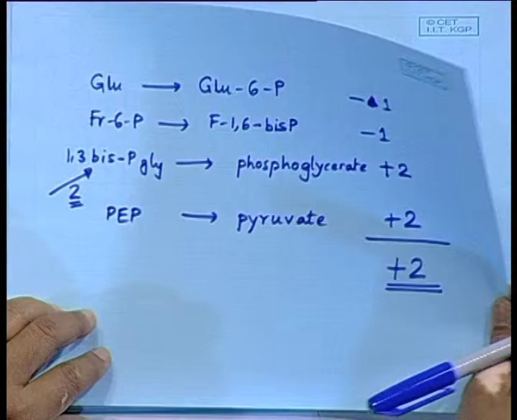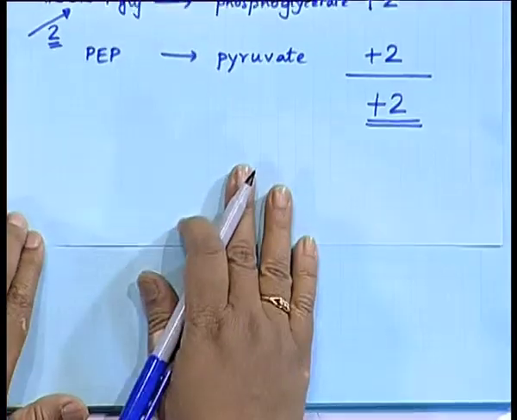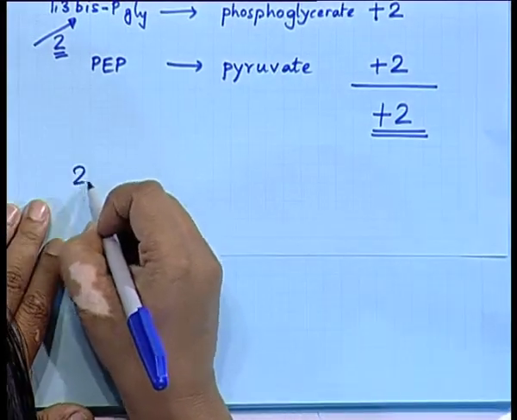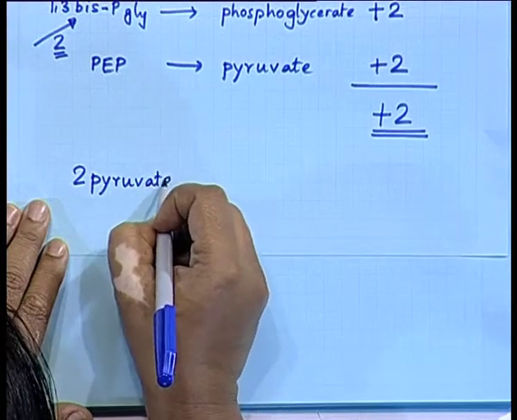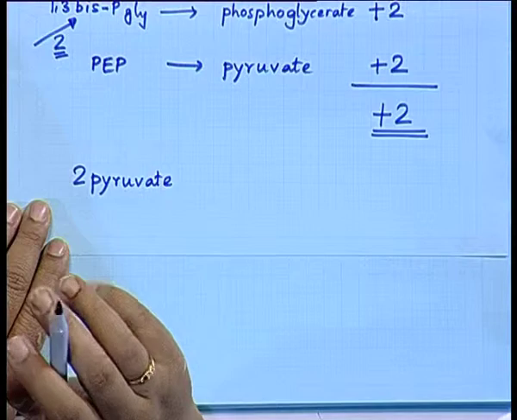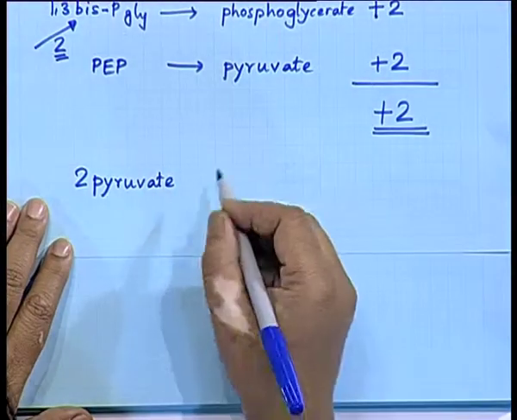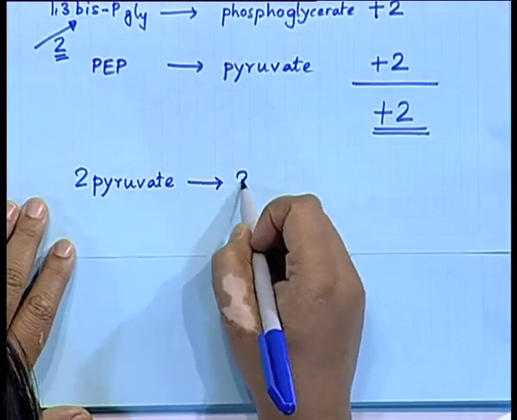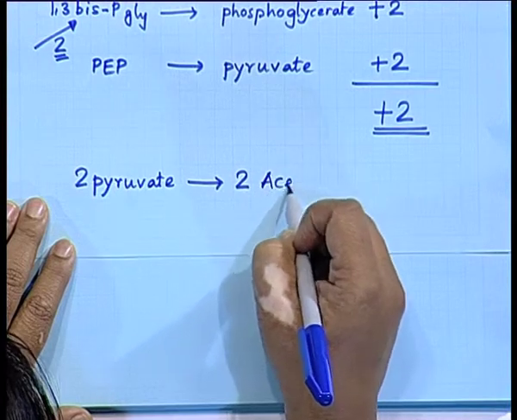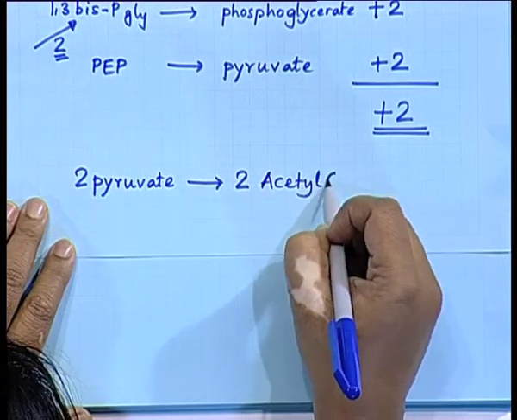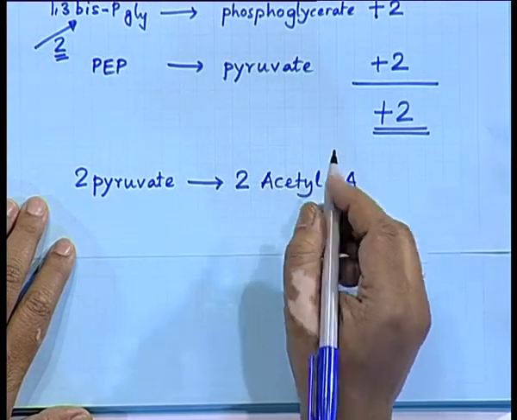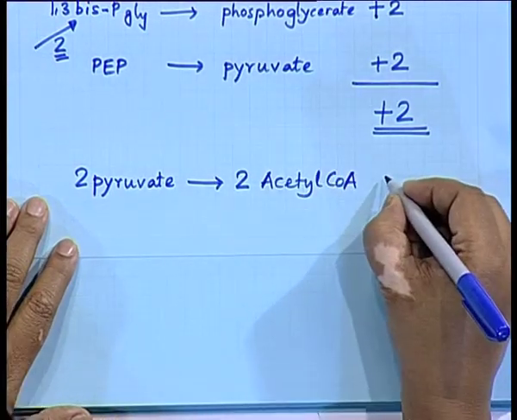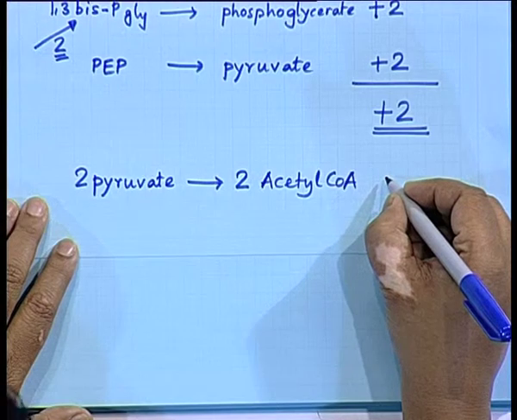Now when we have 2 pyruvate, because we have to remember that 1 glucose is giving us 2 pyruvate, we cannot forget that. 2 pyruvate to 2 acetyl CoA, in that step we have 2 NADH, okay.